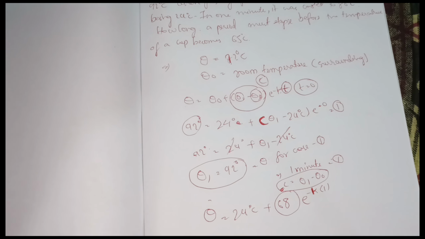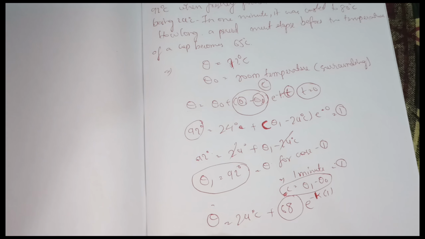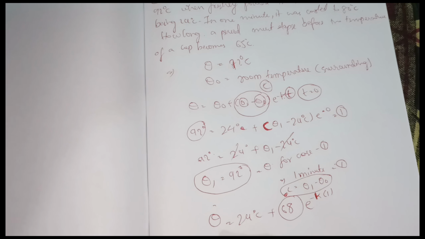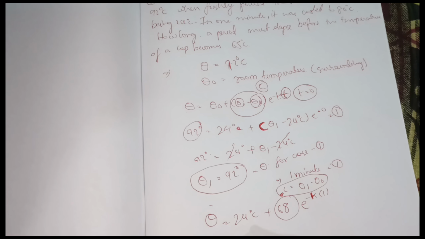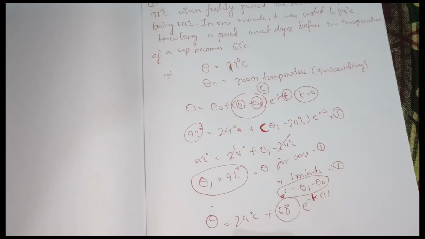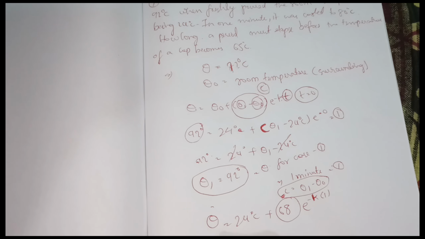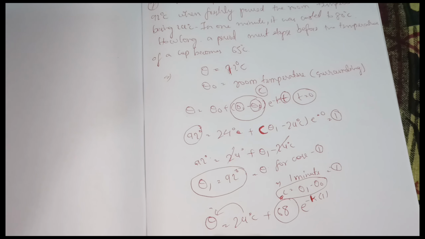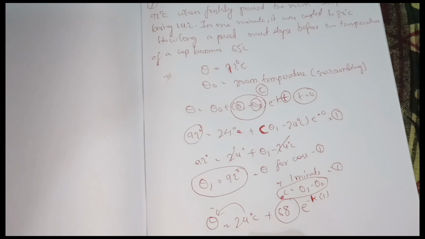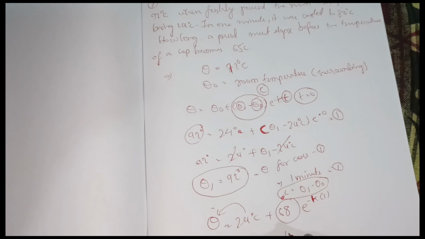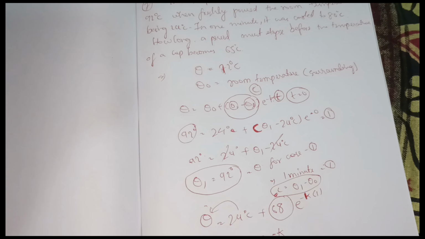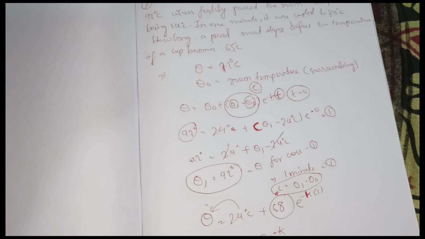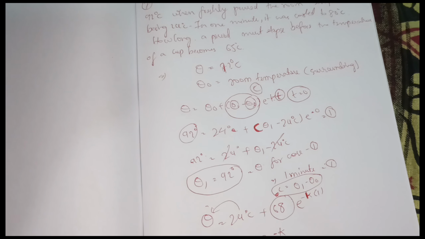Theta is 80 degrees. So 80 degrees equals 24 plus 68 e power minus k. 80 minus 24 will come to this side: 80 minus 24 equal to 68 into e power minus k. 80 minus 24 is 56.